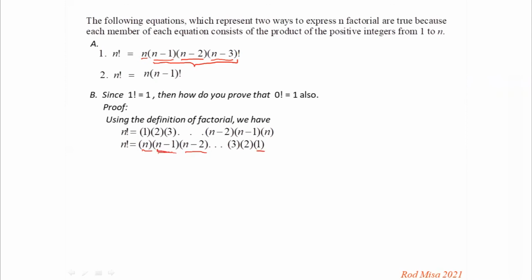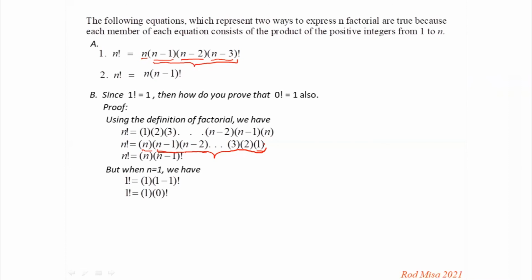But this n minus 1 up to 1 can be written as n minus 1 factorial. So when n is equal to 1, we can substitute that 1 for our n. So 1 factorial is equal to 1 times 1 minus 1 quantity factorial. But we know that 1 minus 1 is equal to 0. So here, 1 factorial is equal to 1 times 0 factorial.